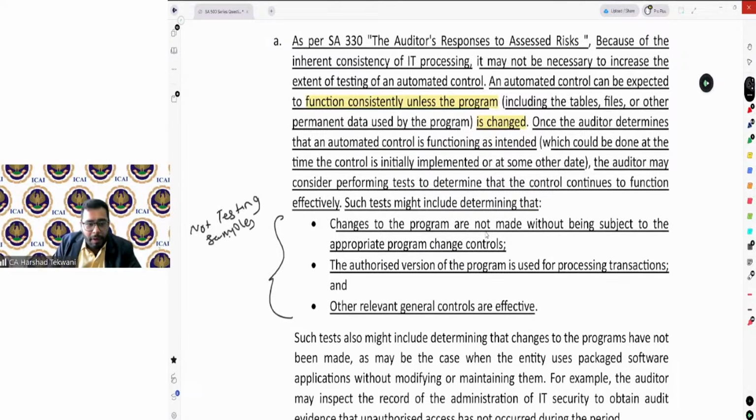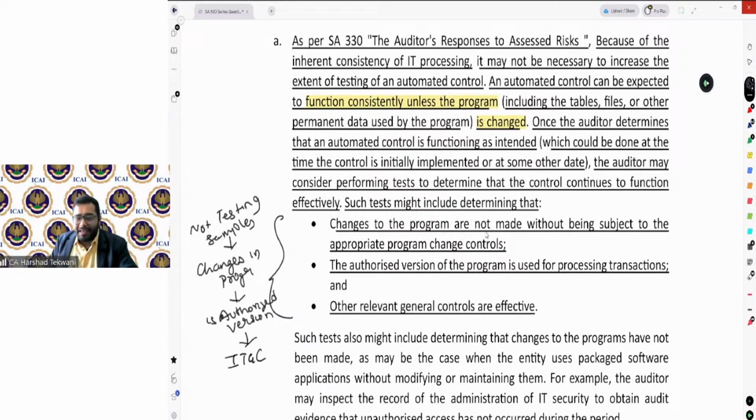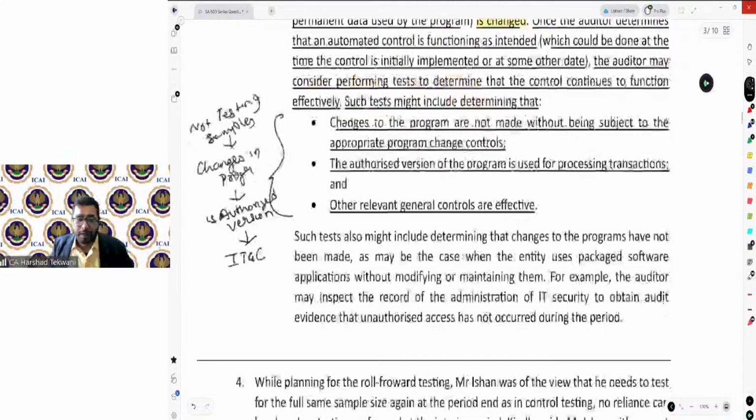What I'm testing is changes in the program, that the program used is the authorized version, and that IT general controls are effective. If these things are proper, then why do I need to test the same samples again and again? There is no need to test samples of 25, 10, 15 in the case of automated controls.